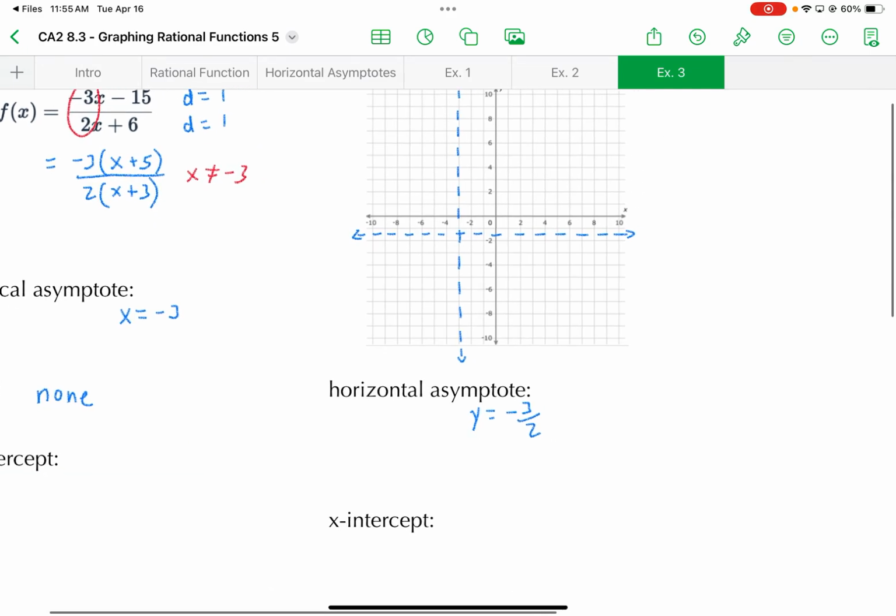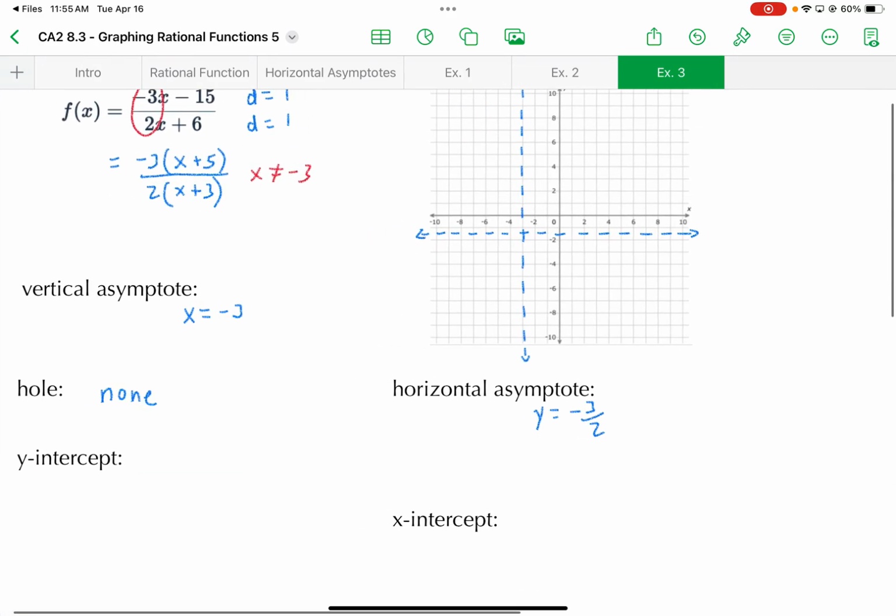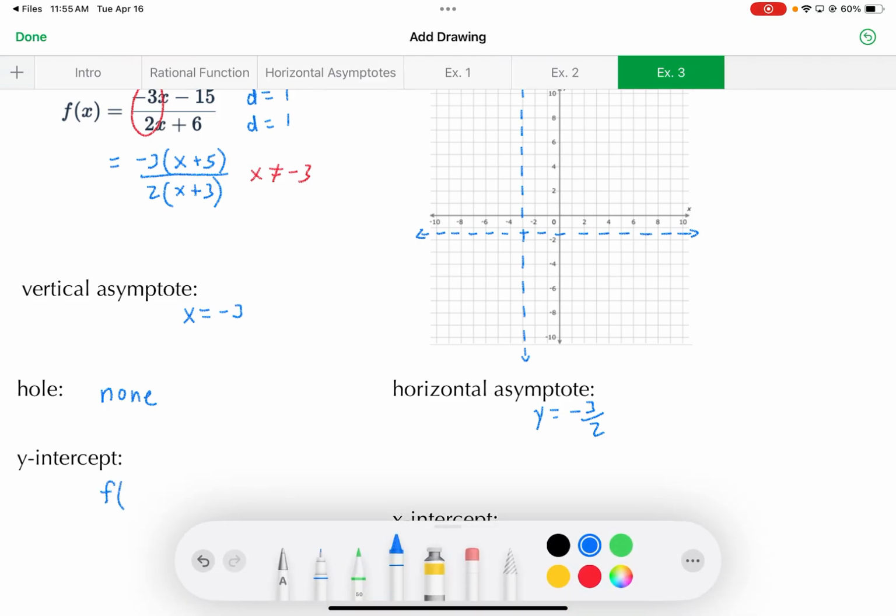All right, y-intercept, f of 0. Now you could plug the 0 into the original function or the factored form. It shouldn't matter. I'm going to use the factored form.